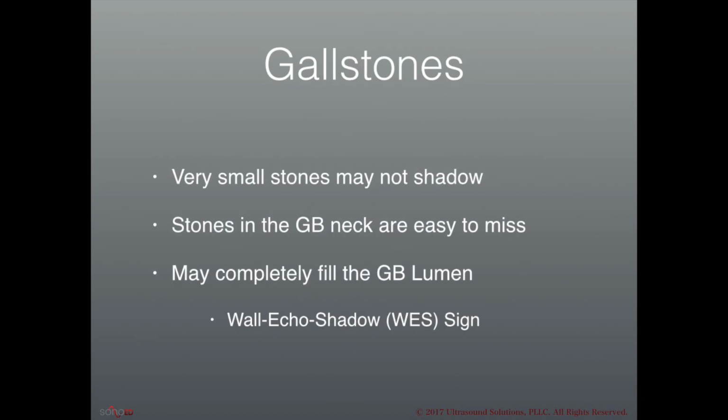Now, remember, very small stones may not shadow, and also, if a stone is impacted in the neck of the gallbladder, it can be very easy to miss, so you want to examine this part of the gallbladder carefully. Lastly, if the gallbladder is completely full of stones, it can be very challenging to find and identify because all you'll see is the wall, the echo of the stones, and then very dense shadow. And this is called the wall echo shadow sign and can be a challenge to identify.